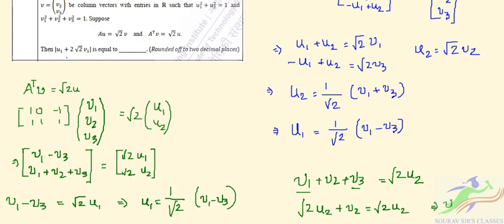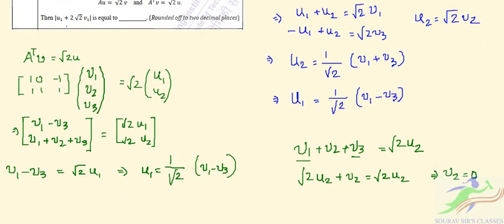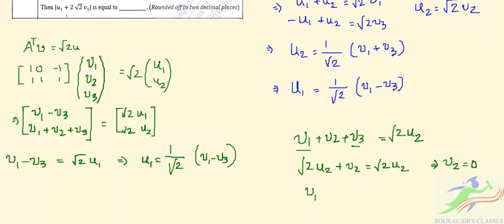So from here we can write that V2 is equal to 0. So if V2 equal to 0, then V1 plus 0 plus V3 is equal to 0.